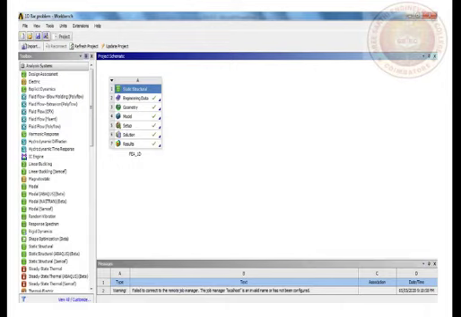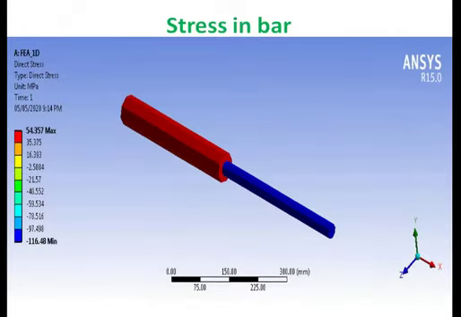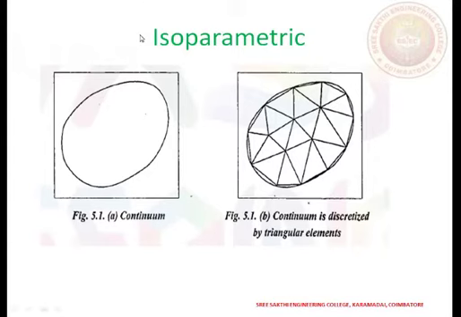Next we are going to see isoparametric elements. Here I am going to explain the meaning of isoparametric elements and why we go for them. You can see in figure 5.1a a curved geometry. In this geometry I wanted to know the stress and strain calculation.